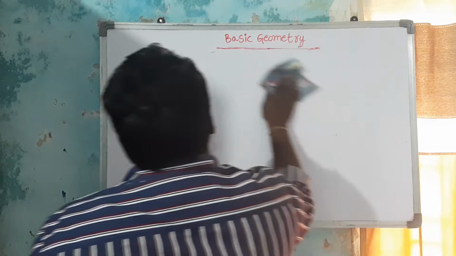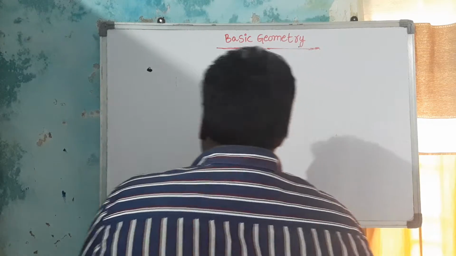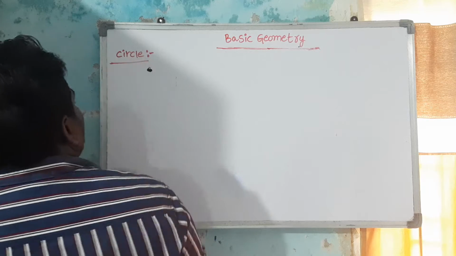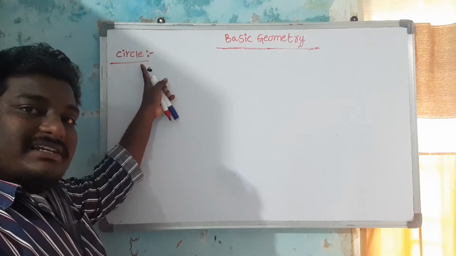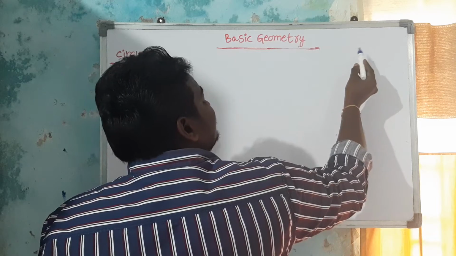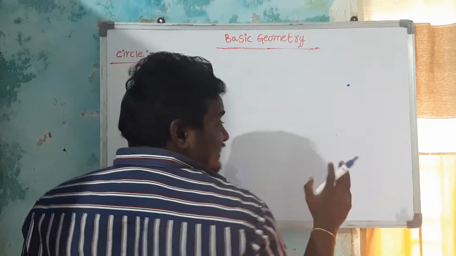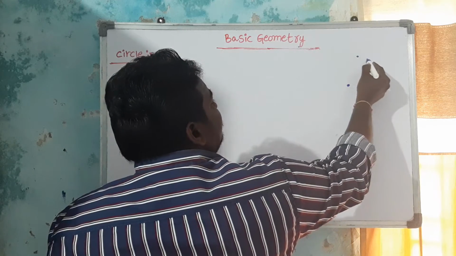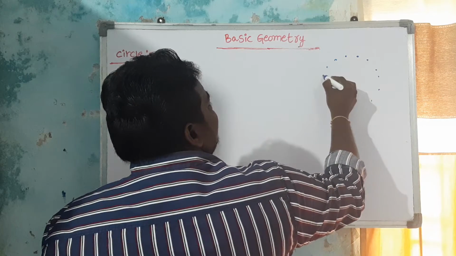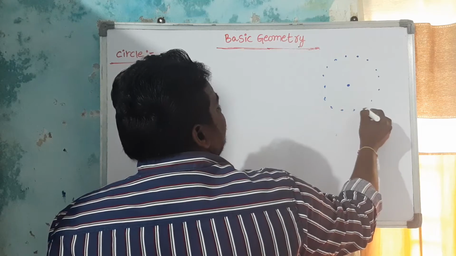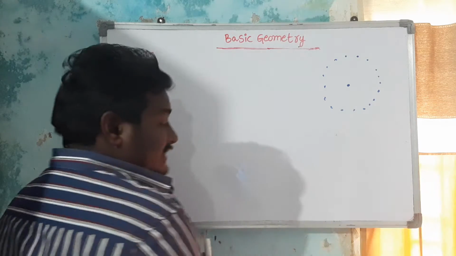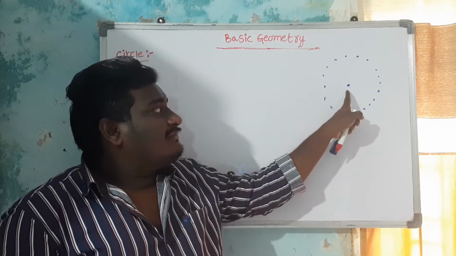A circle is a closed figure defined like this: the set of points that are equidistant from the center is called a circle.